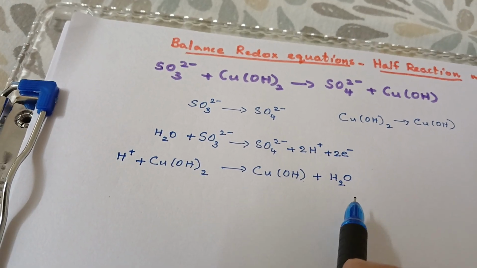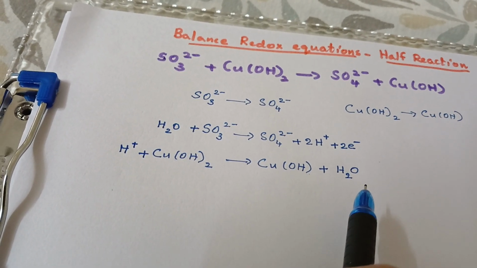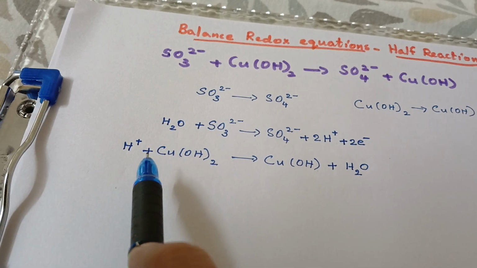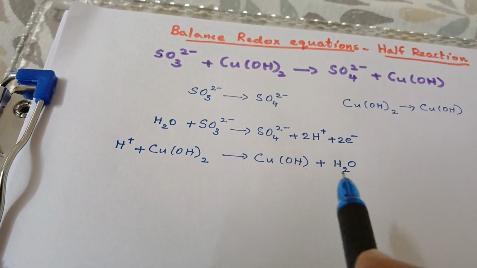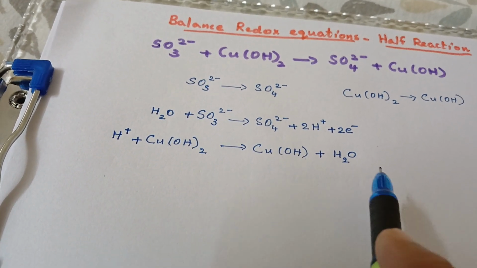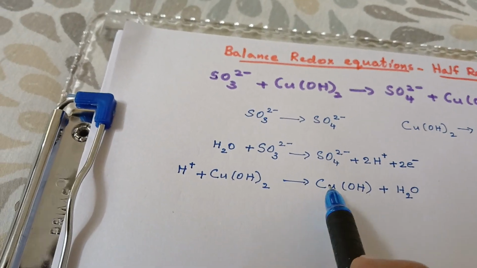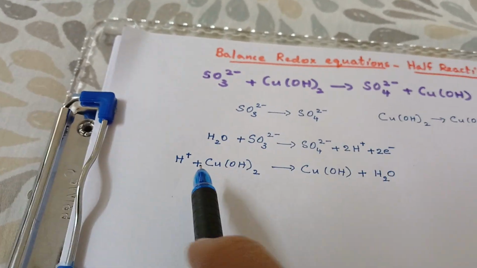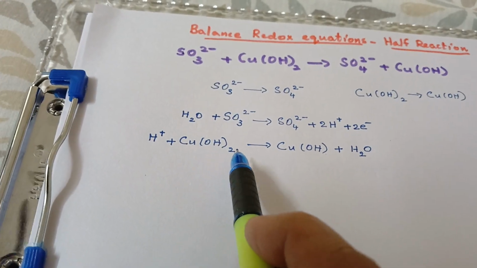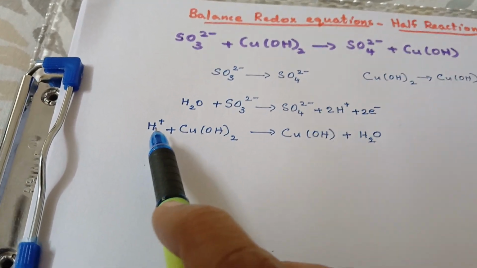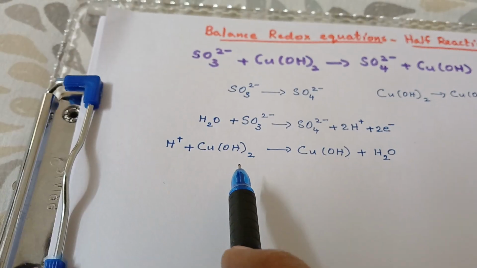All the atoms are balanced. What about the charge? Left hand side we have no charge and right hand side a plus charge. No charge on H2O, no charge on CuOH. Here also Cu(OH)2, no charge. But on H plus there is 1 positive charge.